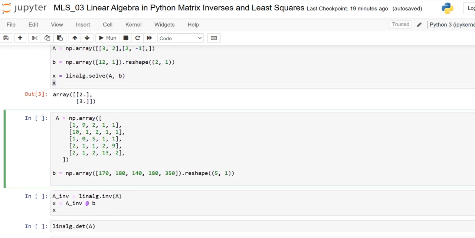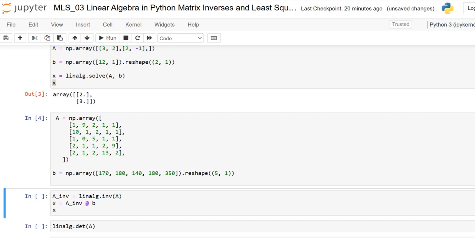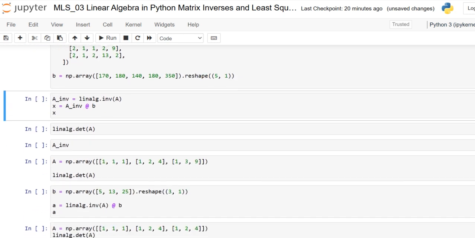We created a coefficient matrix using a numpy array, calling the variable A, and created an independent terms vector as a numpy array, calling it B. To make the column vector with 5 elements, we used reshape, and I execute this. So we got A and B.